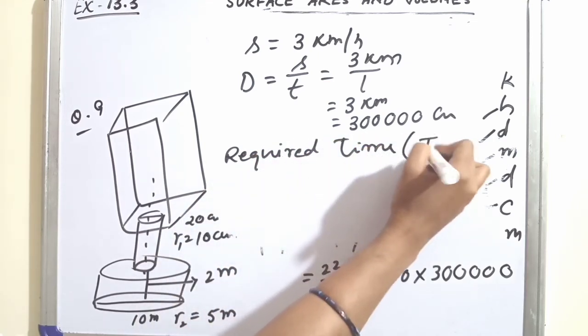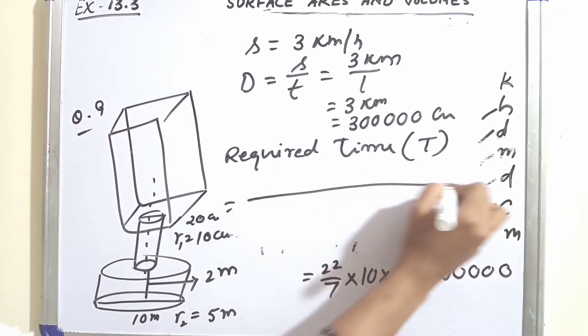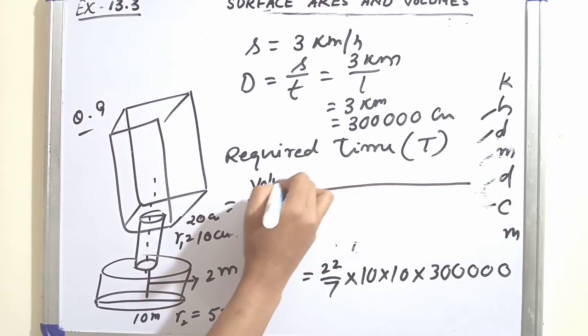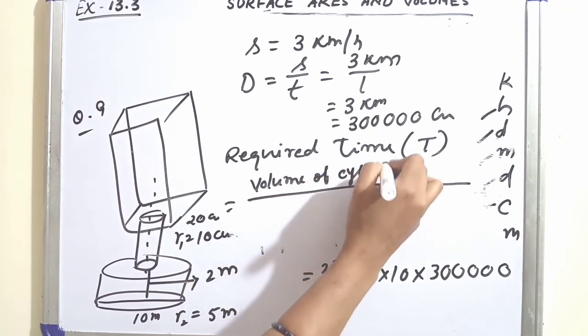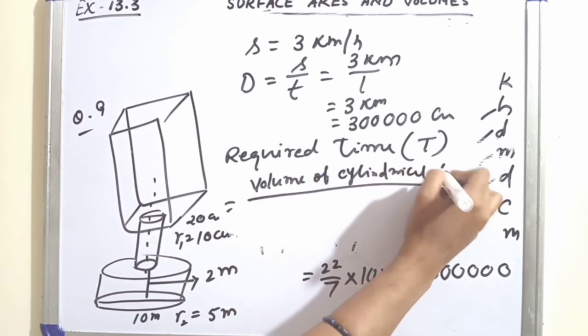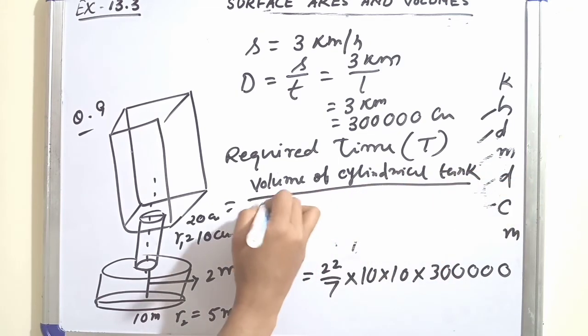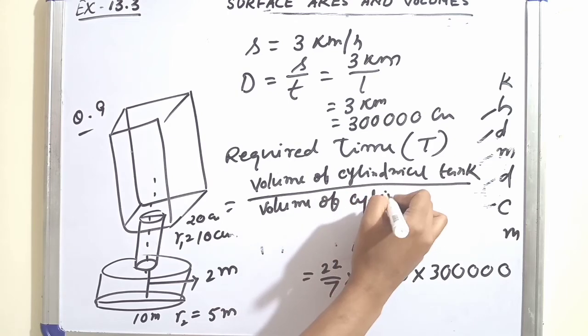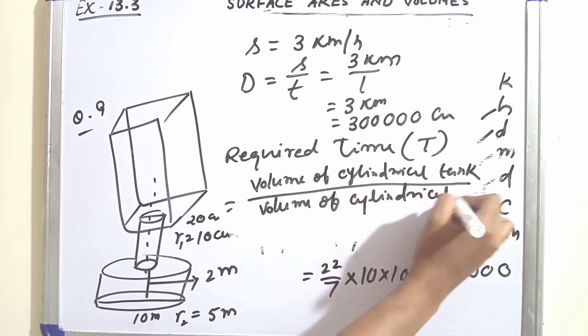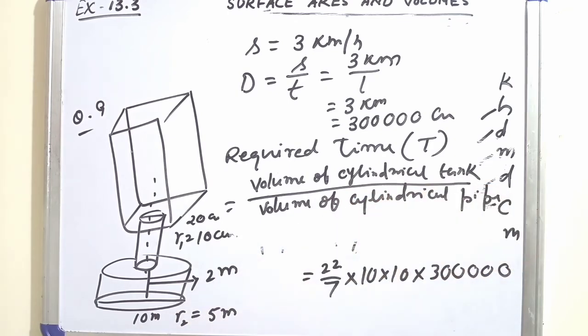So now the required time T is equal to volume of cylindrical tank upon volume of cylindrical pipe.